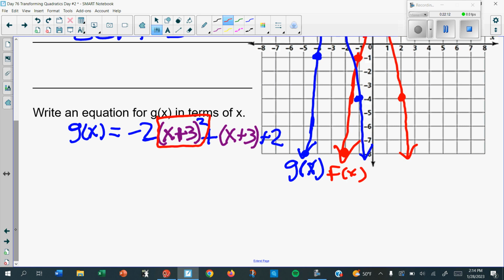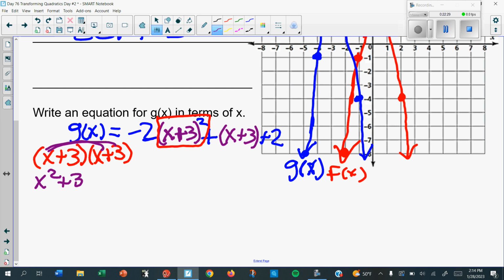So what I'm going to do is on the side, I'm going to do box and foil for that x plus 3. So this is why it gets difficult, is because you got a lot of work to do now. So we can do box or foil. I'll do foil. So you get x squared, you get 3x, you get 3x again, and you get 9.